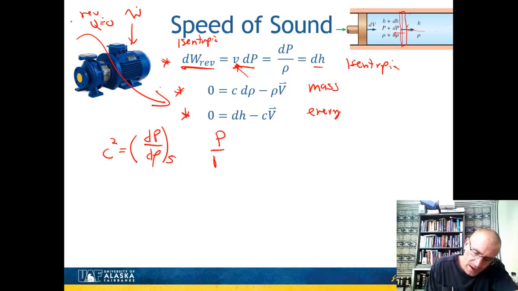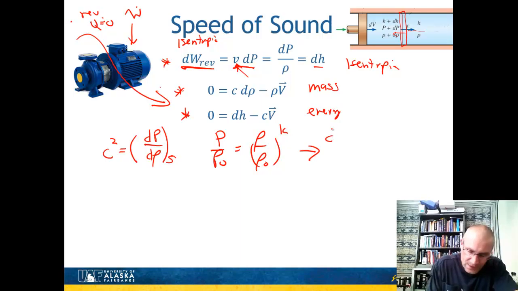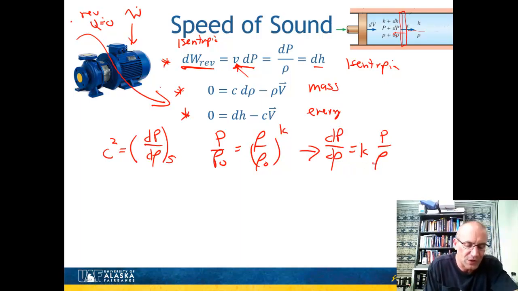We did that in chapter 7, right? We have P over P naught equal to, again, sticking with density, rho over rho naught to the K power. And from that, I can determine that dP d rho for an isentropic compression is equal to K P over rho. There's a little bit of substitution that goes in there, but that's the equation I can put into this value for C.